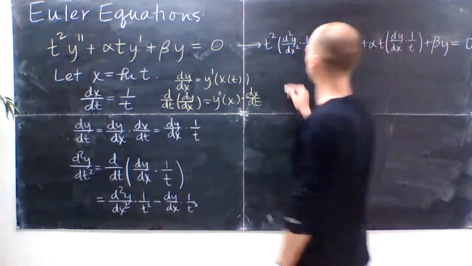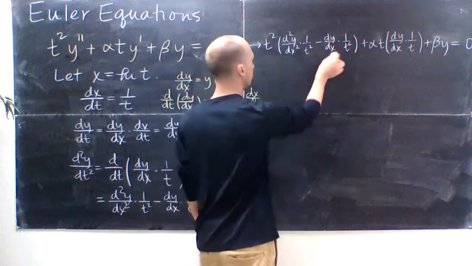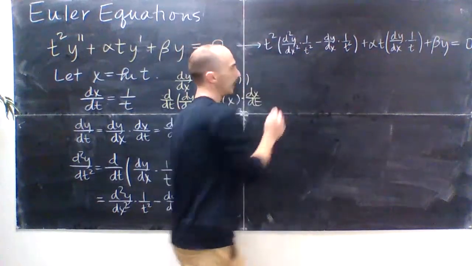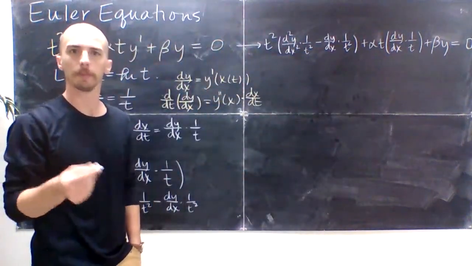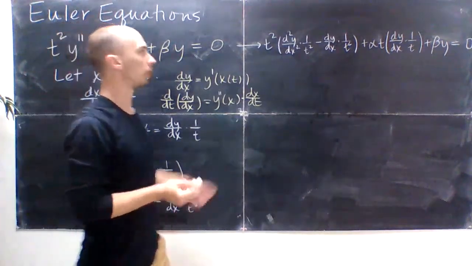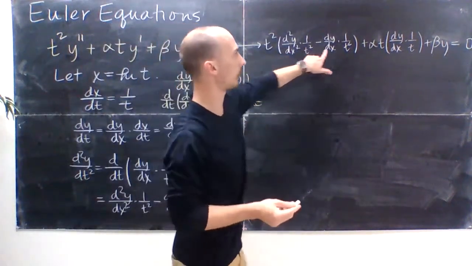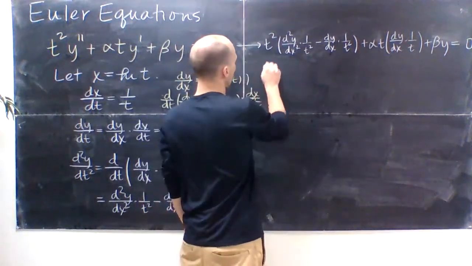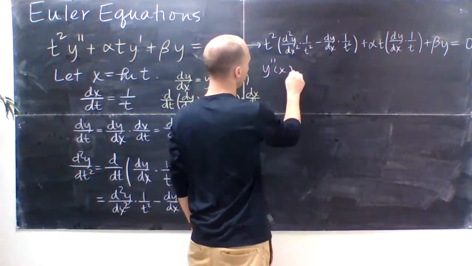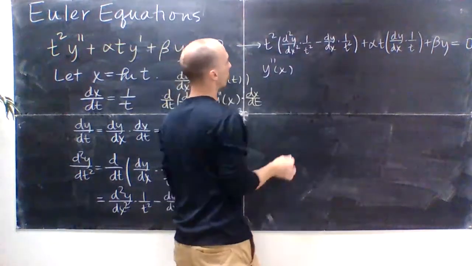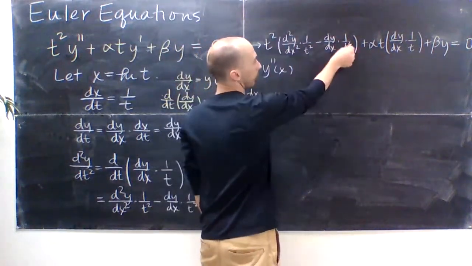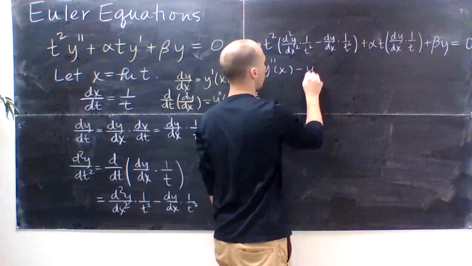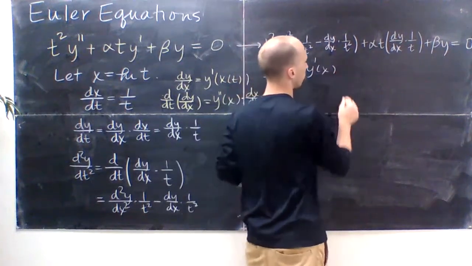So I'm going to distribute this t squared to both of these, and at this point, to save some time as I'm writing this out, I'm going to start calling this y double prime of x and this y prime of x. Okay, so I've got y double prime of x, once I've divided by the t squared. The t squareds are going to cancel again, minus y prime of x.